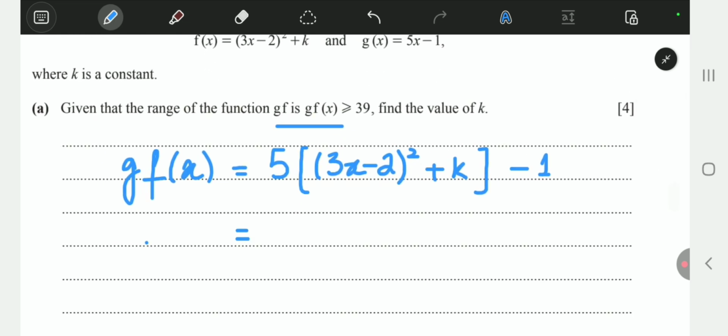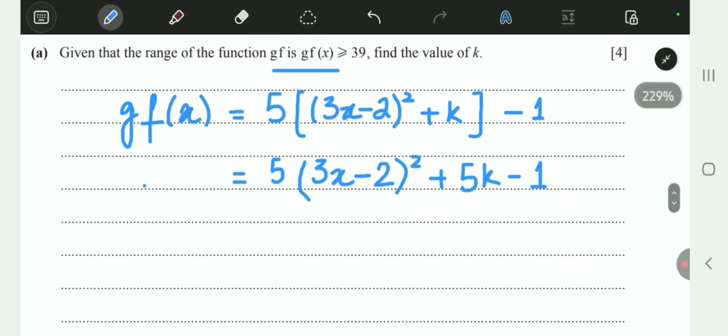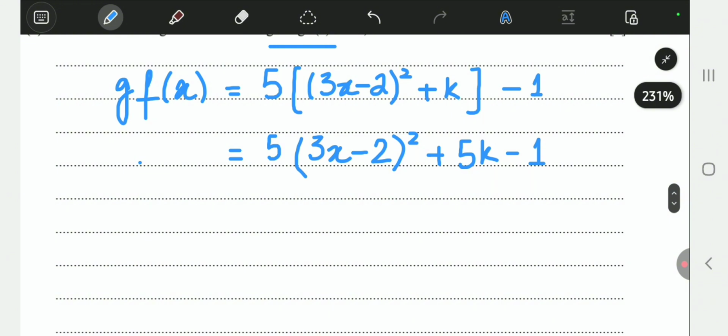Now expand this: it will become 5 of (3x minus 2) squared plus 5k minus 1. If you look, this is somehow the form of a vertex form. So what is the vertex form?